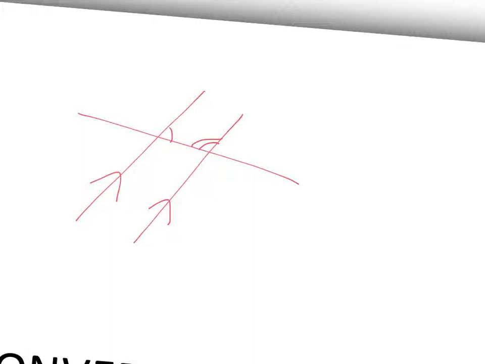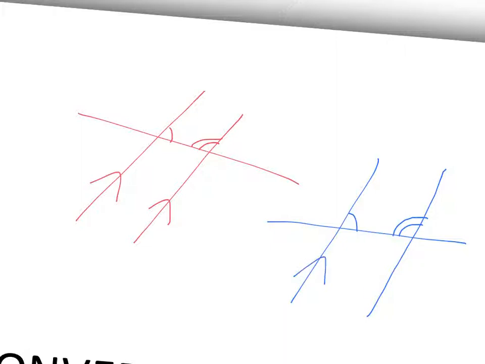Today we're saying that if we have two lines, we're not saying they're parallel, but if we have a transversal and these two angles are supplementary, then the lines are parallel. So yesterday we talked about lines being parallel, so the angles were supplementary. Today we're saying the angles are supplementary, therefore the lines are parallel.